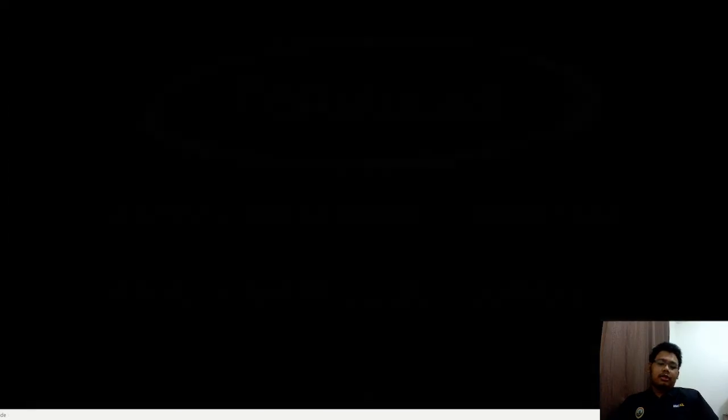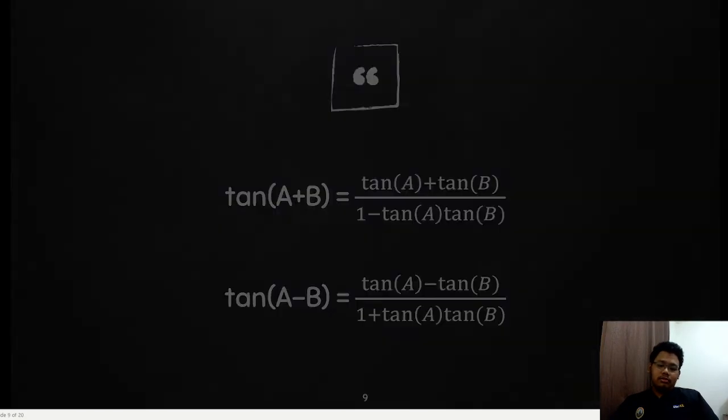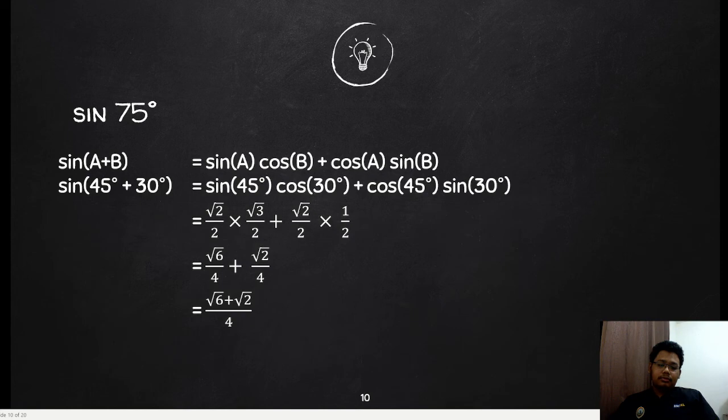Alright, back to the example just now. For sine 75, I will separate it into sine(45 + 30). When 45 plus 30, it will be 75 also, right? So it will be sine 45 cos 30 plus cos 45 sine 30.